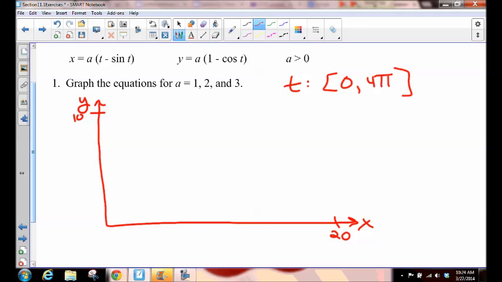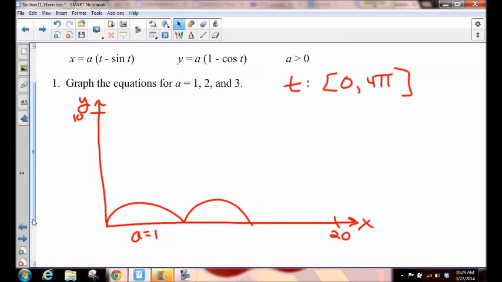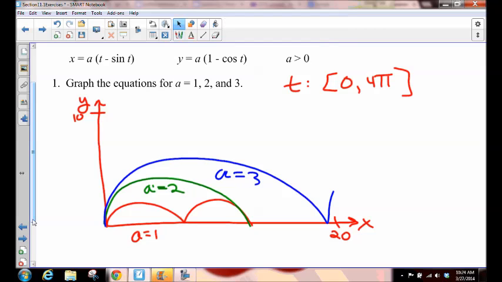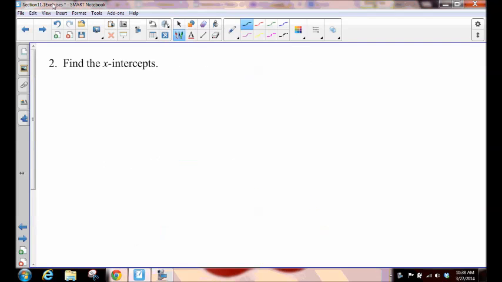When I graphed a equal to 1, I got something like this. When I graphed a equal to 2, I get something like this. And when I graph a equal to 3, I get something like this. So I get all of these different arches.